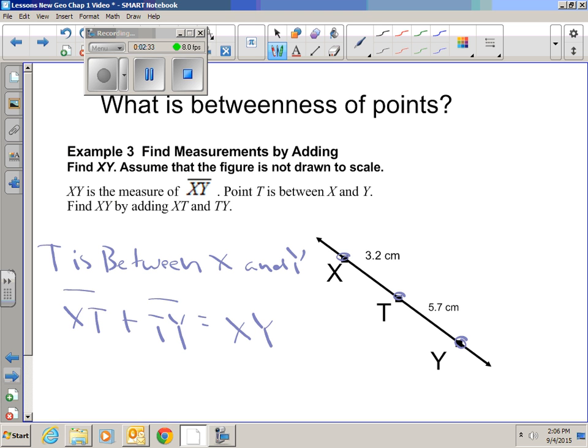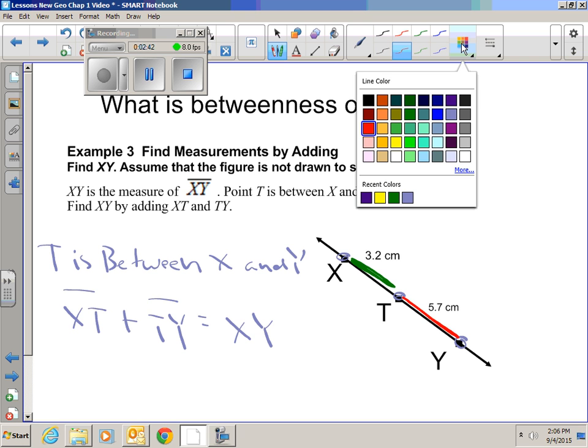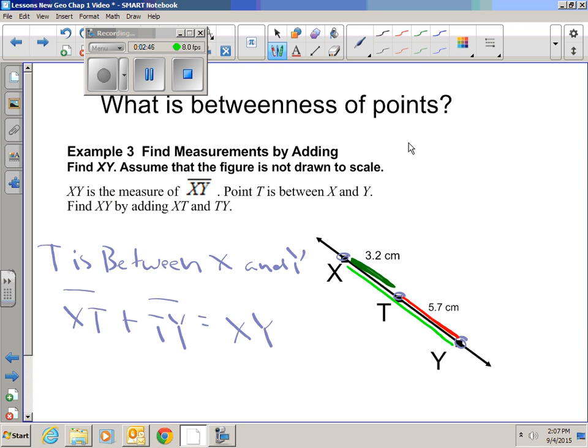In other words, this length plus this length is equal to the total length. So the green line plus the red line is equal to the bright green line.